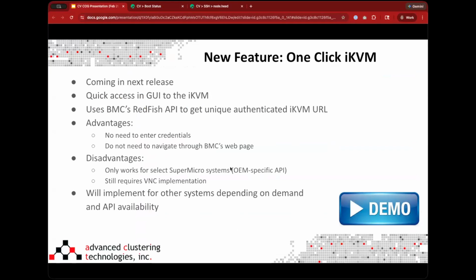Before, you could do that through ClusterVisor, but you would have to log into the web interface, navigate through the BMC's web UI, click the right buttons, and then be able to launch the iKVM. So what we've added is a quick one-click button to get there.